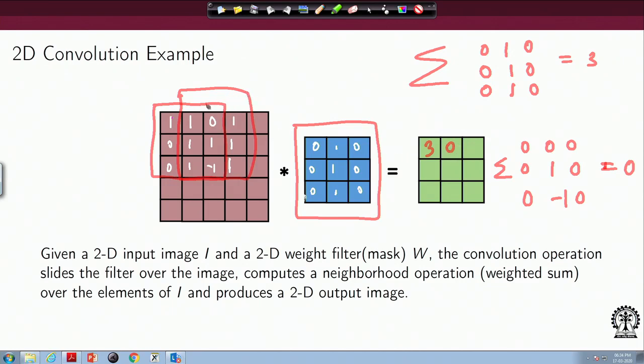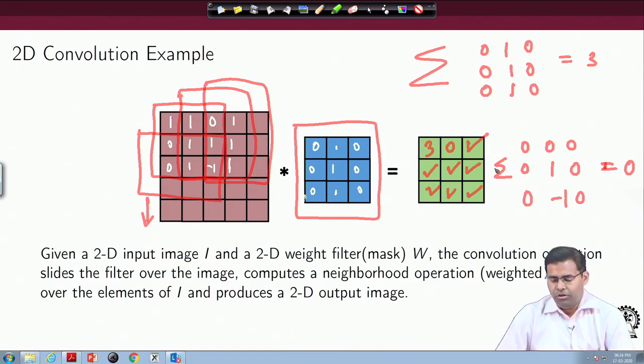Similarly, you overlay the mask again here, fill up this entry, and then you downshift the mask by one position, fill up this entry, downshift another position, fill up this entry, right shift one position, another position, and downshift like that. In that way you just compute all the values given this 2D weight filter or the mask.